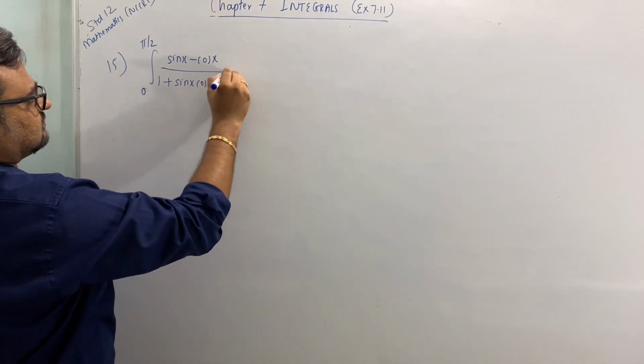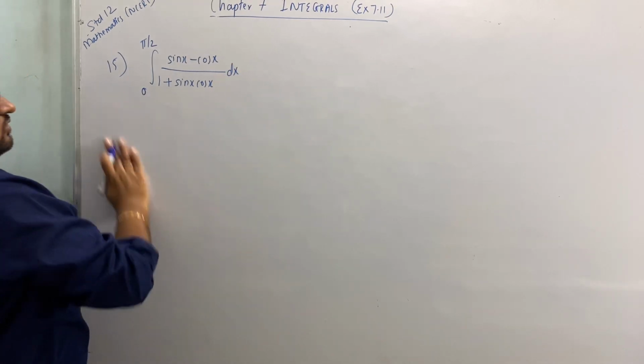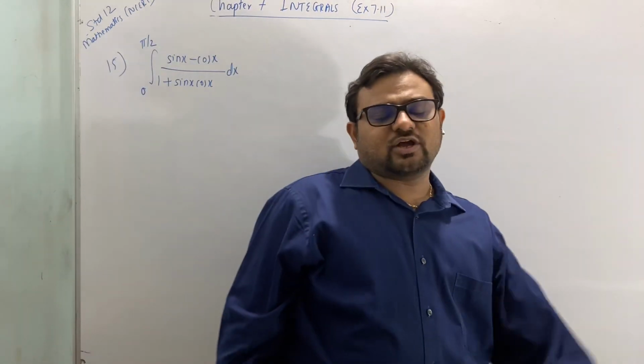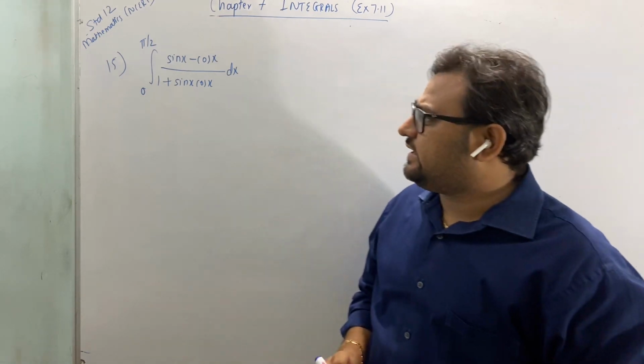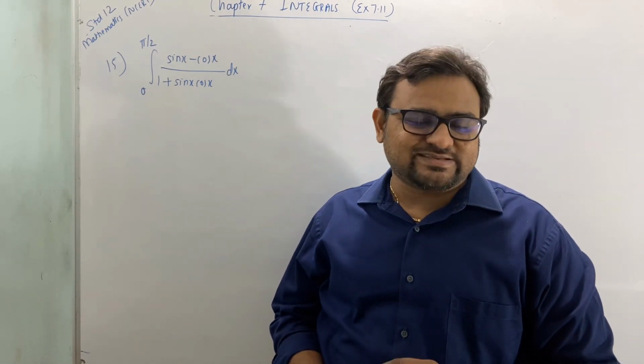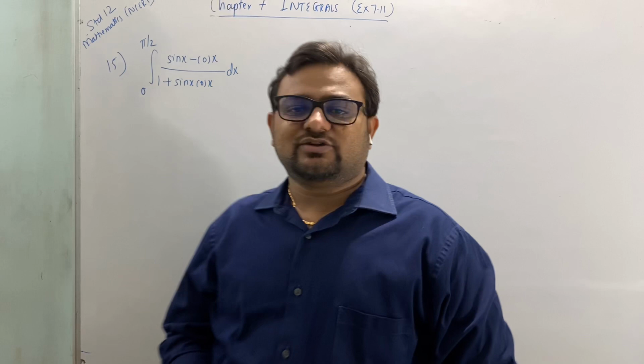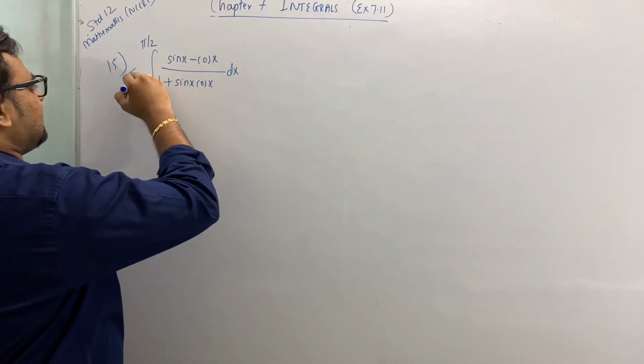So here also we'll use the same property, a plus b minus x. Okay, so let's start. This is our I.